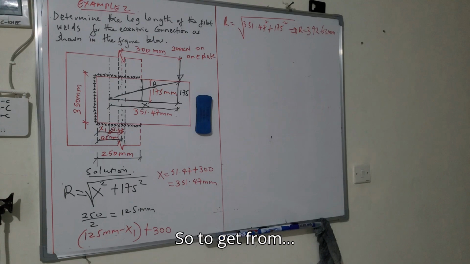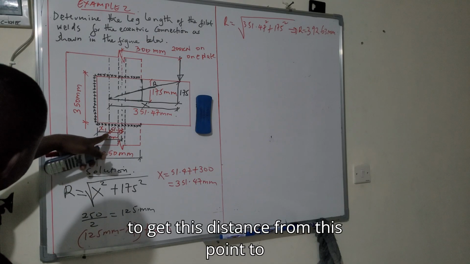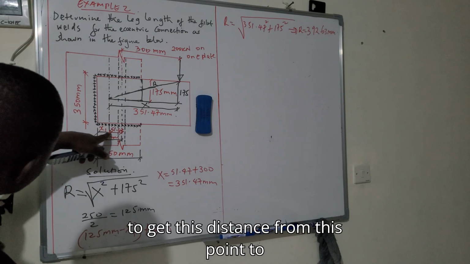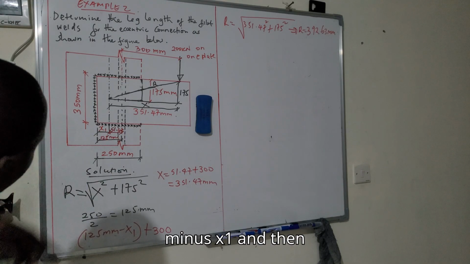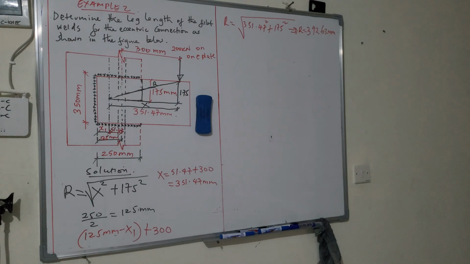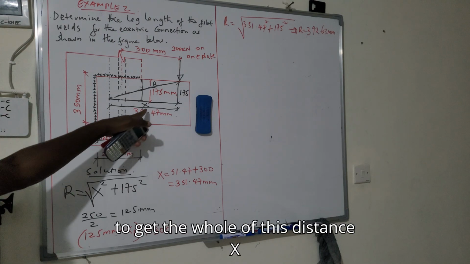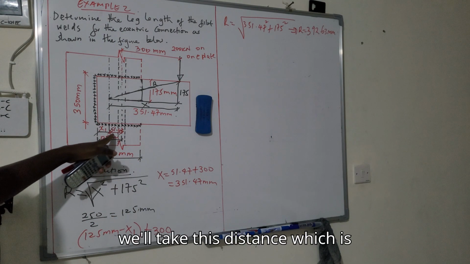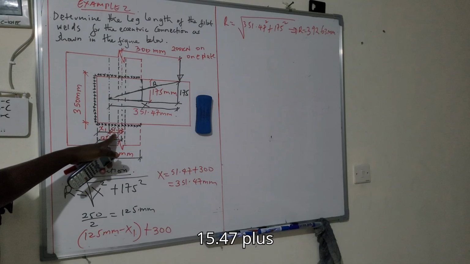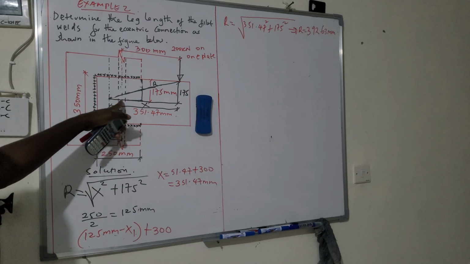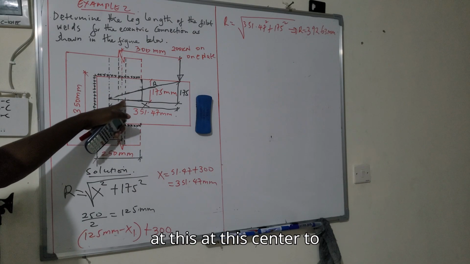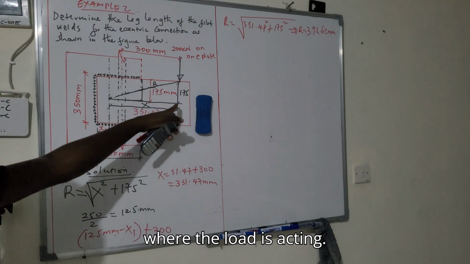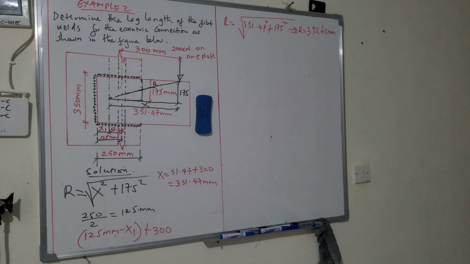So to get this distance from this point to the center is 125 minus x1. And then to get the whole of this distance x, we'll take this distance, which is 51.47 plus 300, because 300 is from this center to where the load is acting.